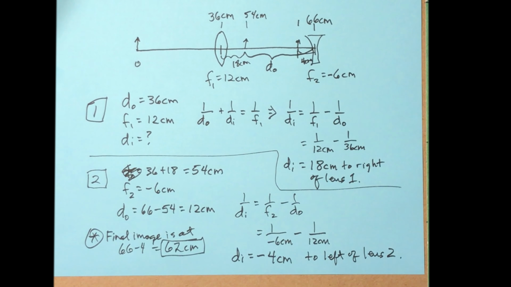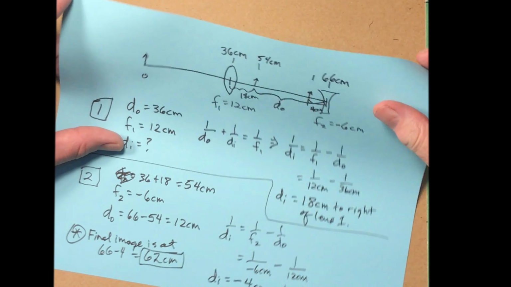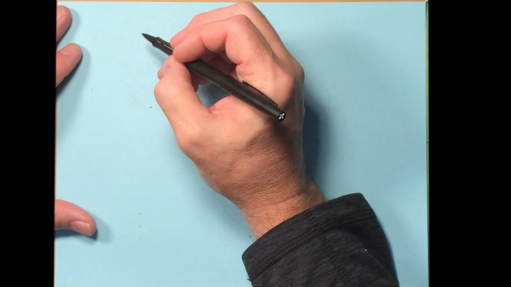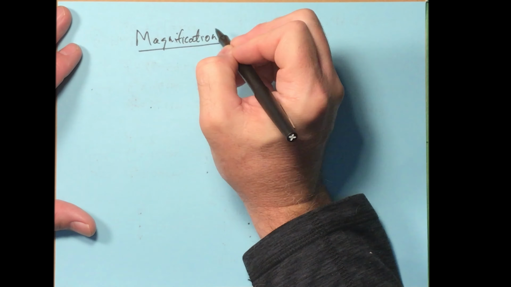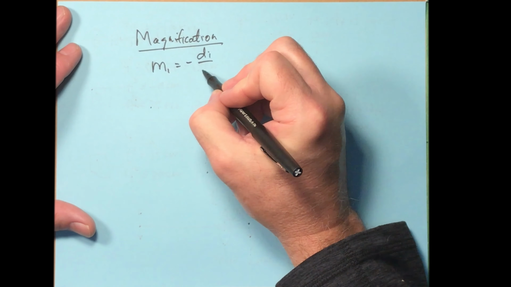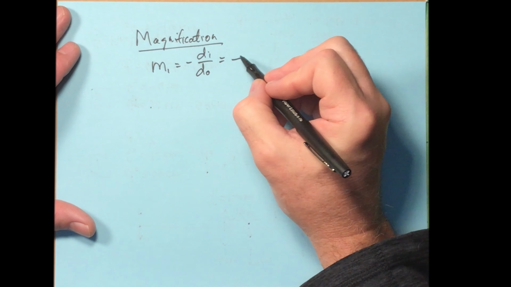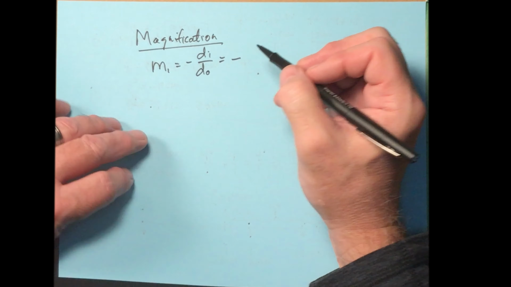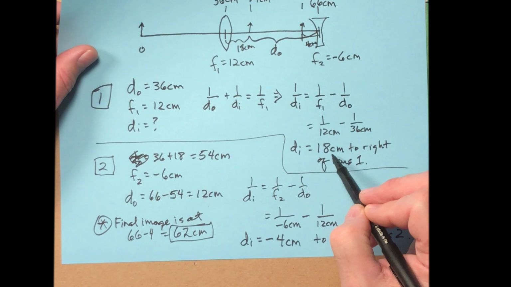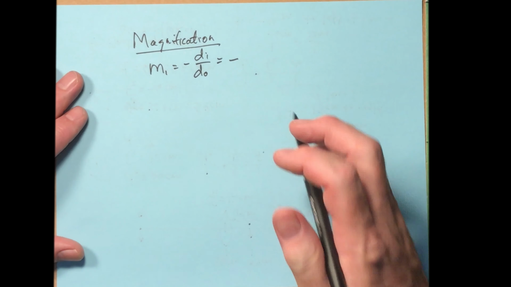All right. Okay, let's do magnification. We'll need to do that on a separate sheet. I'll just do it on the back here. Now, how do you get magnification? Well, magnification for the first one is minus di over do. Now, what was its di? Its di is 18 centimeters, and it's positive.